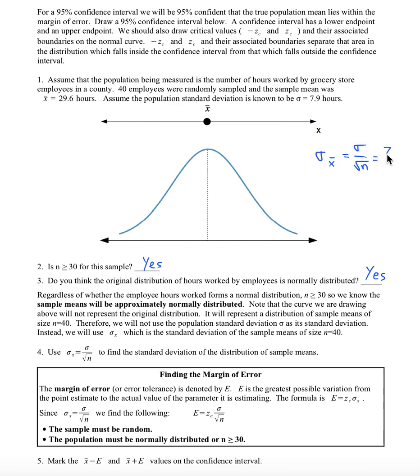Okay, we want to divide 7.9 by the square root of 40. It's 1.249.